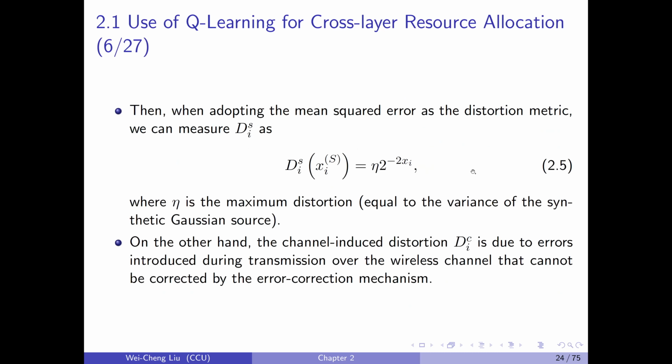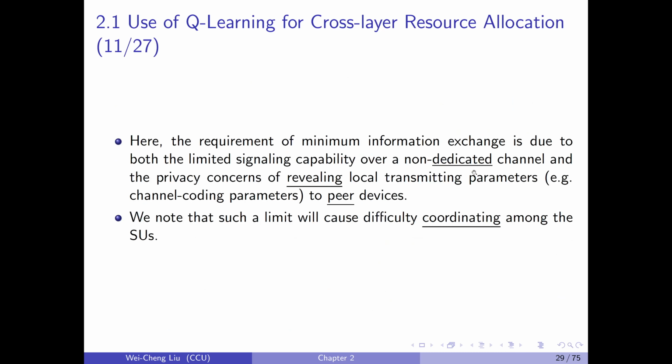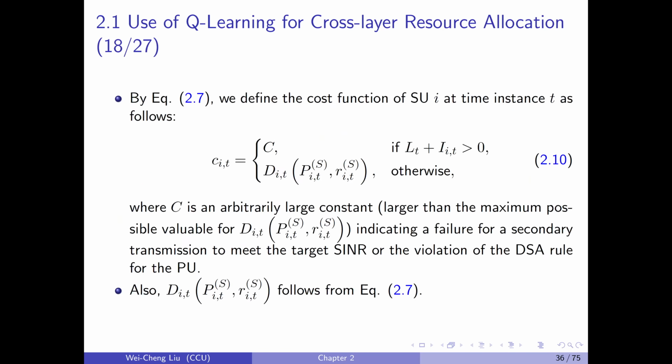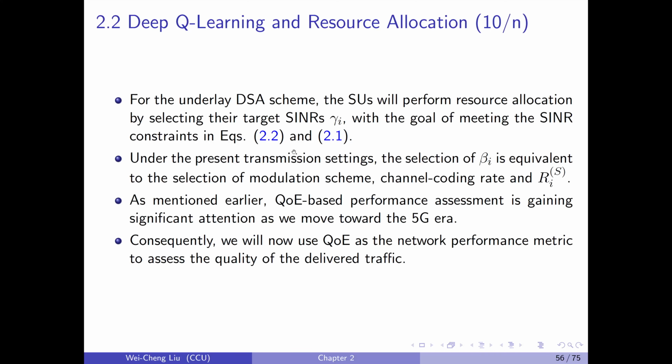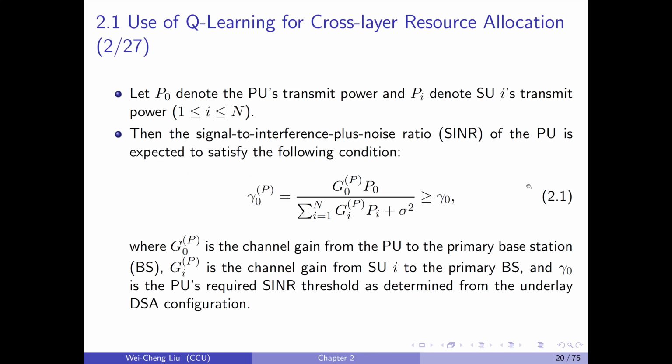Okay, let us go back to the slides. Let me see, page 56. So in equations 2.2 and 2.1, let us see equation 2.1. Then the signal to interference plus noise ratio SINR of the primary user is expected to satisfy the following condition.